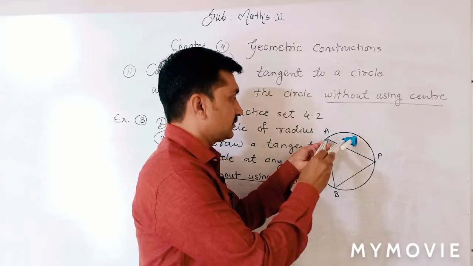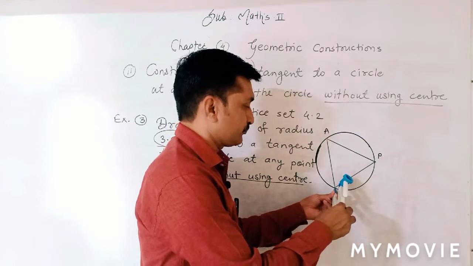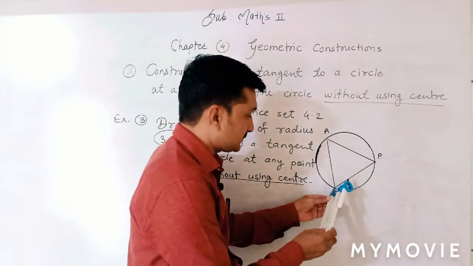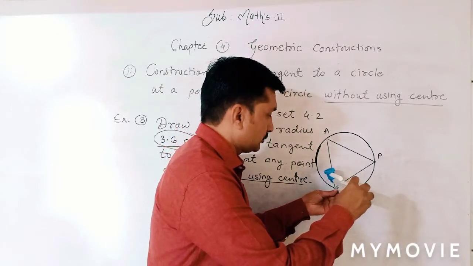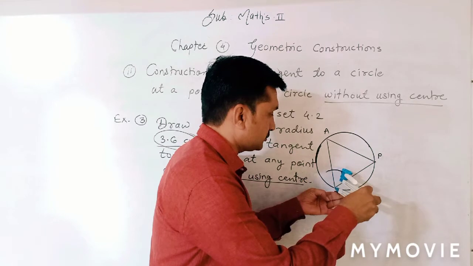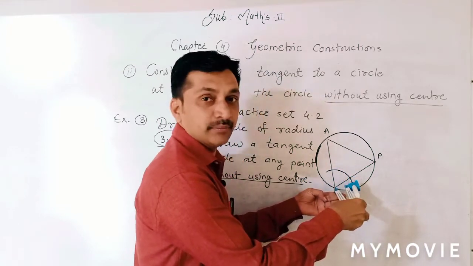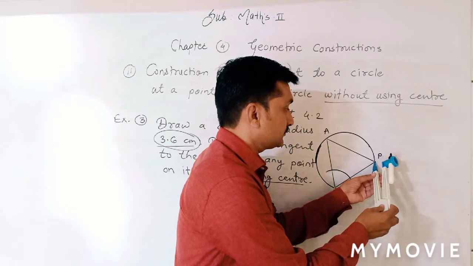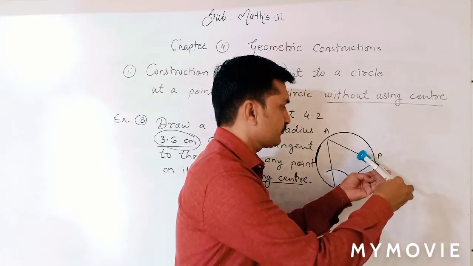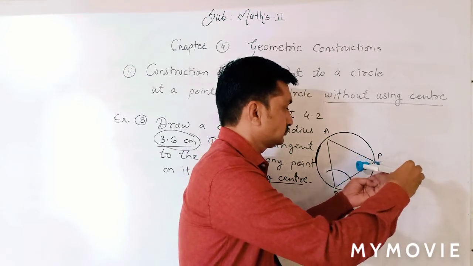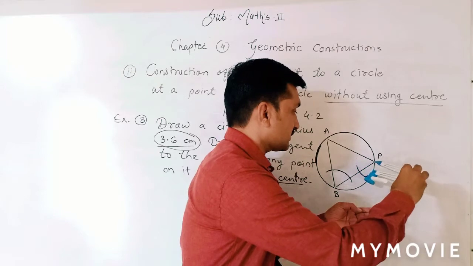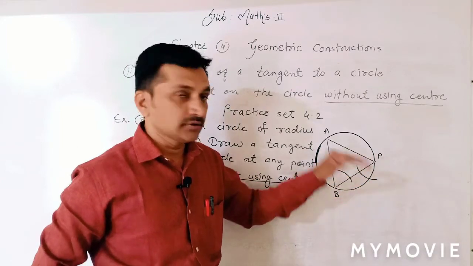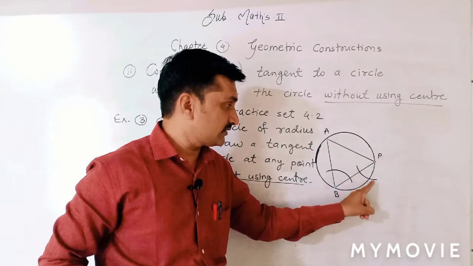Now in the compass, take a sufficient distance, put the pointed end at point B, and draw an arc crossing both the angle-making sides from B. With the same distance, don't change, put the pointed end at P and draw an arc crossing the side and the circumference in this way, so that the arc intersects the side and the circumference.